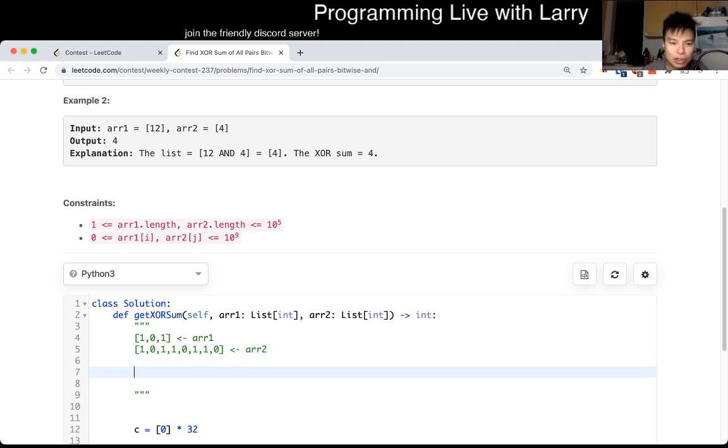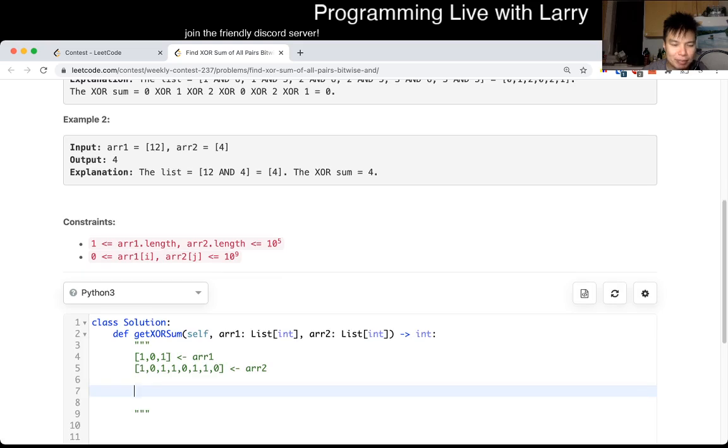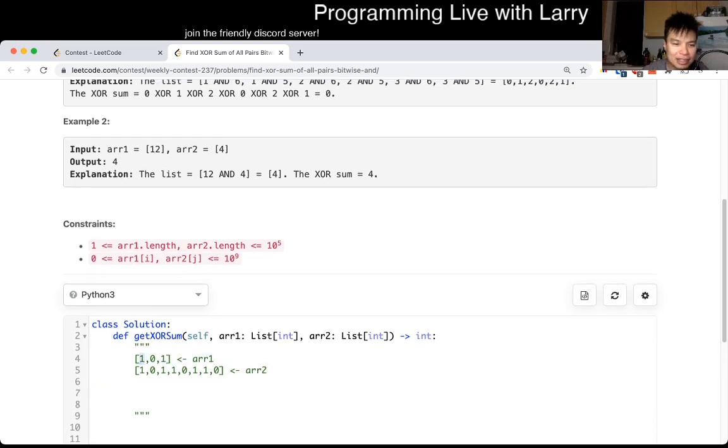Because now you're trying to figure out, okay, you have a 1. If this is a 1, then what does it mean, right? You can write it in a naive way: for x in R1, for y in R2, you XOR x and y.